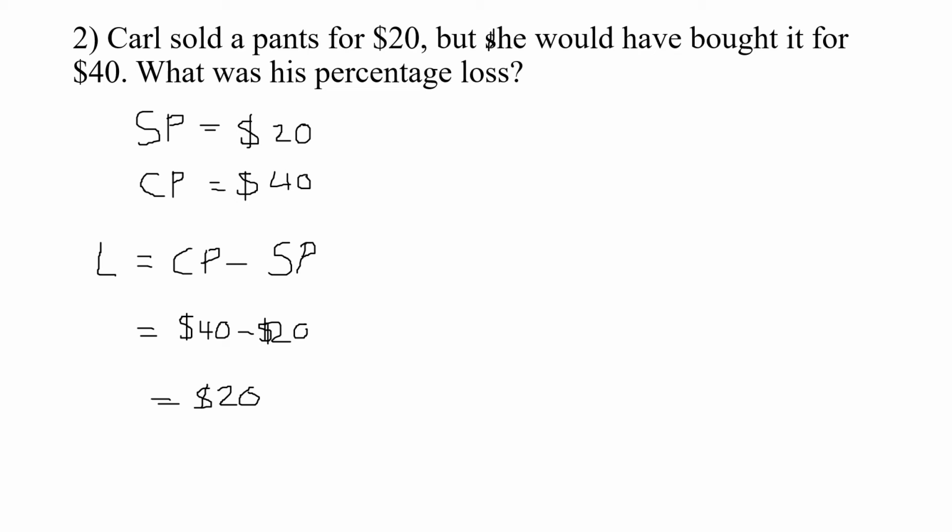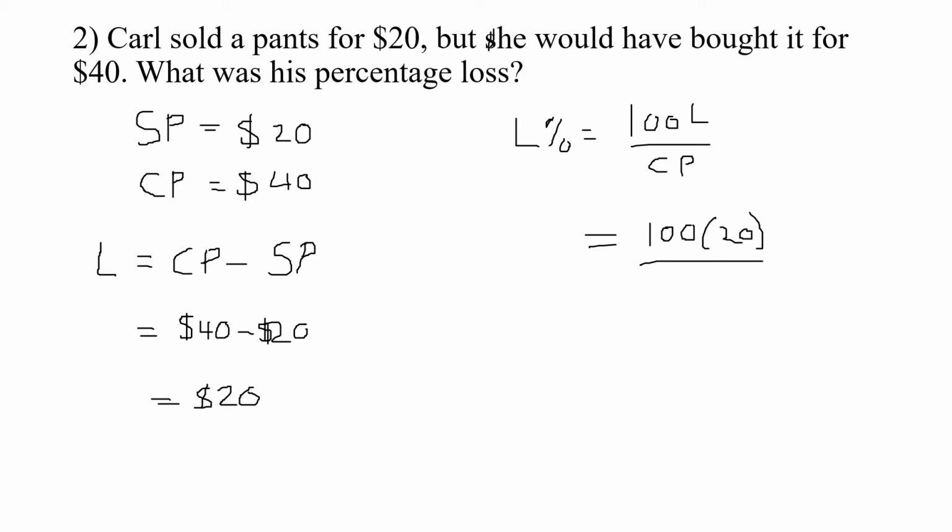And now we could calculate her percentage loss. Recalling another formula, the percentage loss will be equal to 100L divided by CP. Good? That's our percentage loss. I'm just substituting my values. 100L will be 100 times 20, and all this is divided by CP.